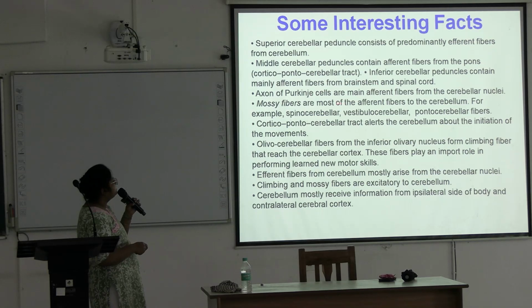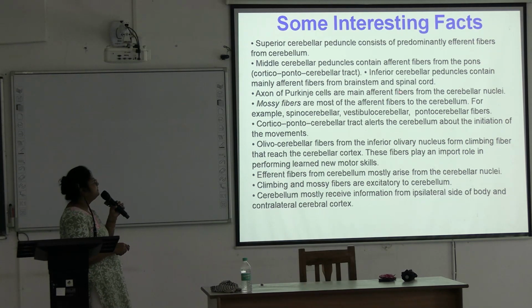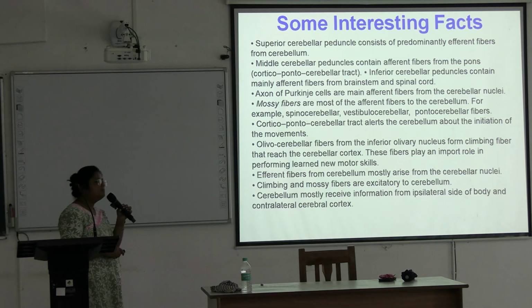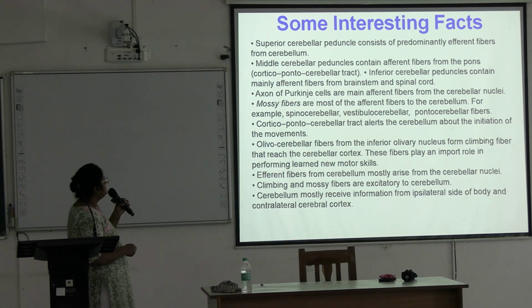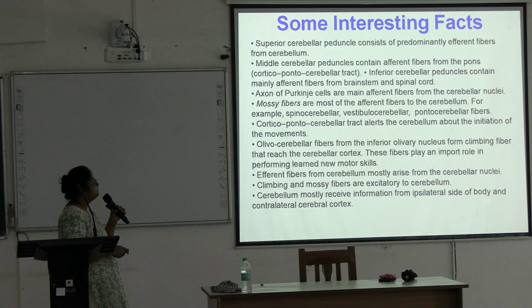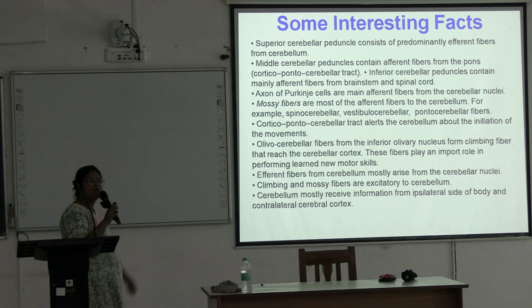The Purkinje cells' axons are the main efferent fibers to the cerebellar nuclei. And mossy fibers are most of the afferent fibers to the cerebellum. For example, the spinocerebellar, vestibulocerebellar, pontocerebellar fibers all form mossy fibers.